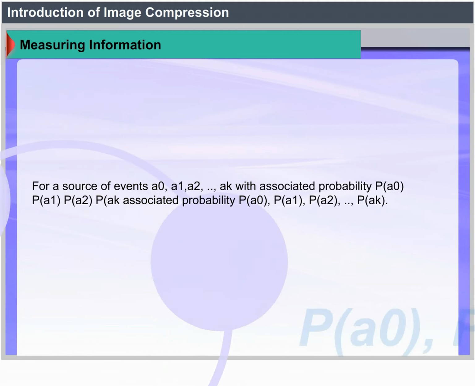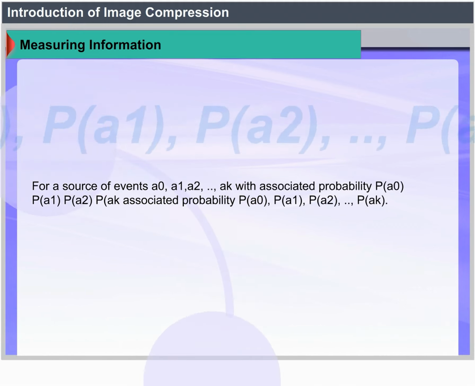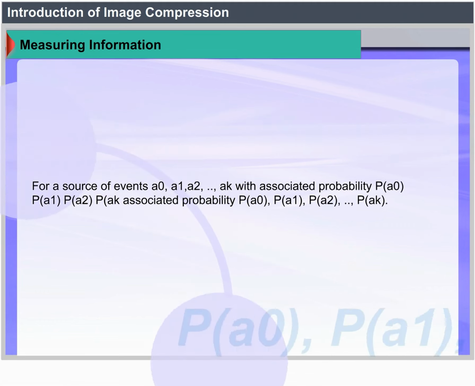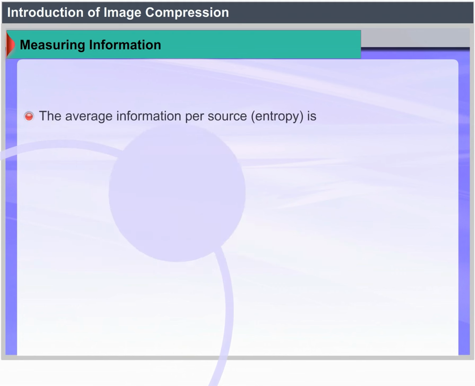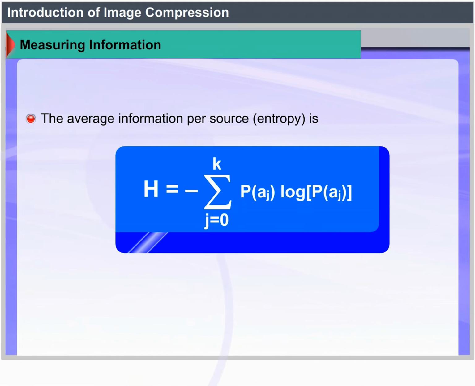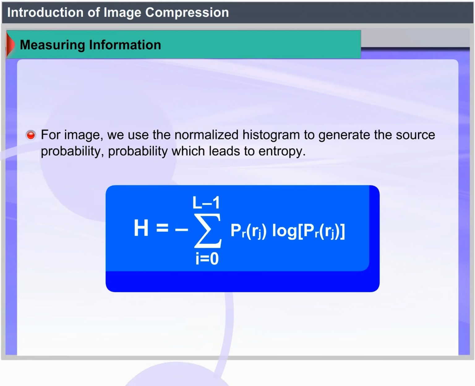For a source of events A0, A1, A2 up to AK with associated probabilities P of A0, P of A1, P of A2 up to P of AK, the average information per source, the entropy, is as shown on the screen. For an image, we use a normalized histogram to generate the source probabilities, which leads to the entropy as shown.